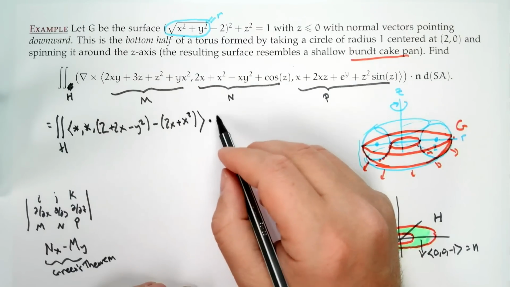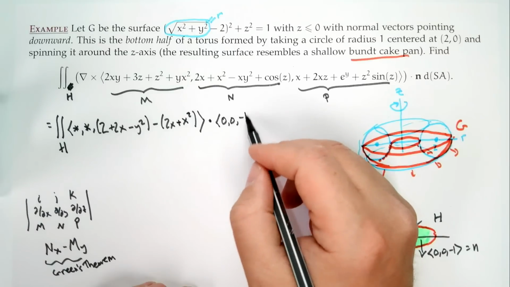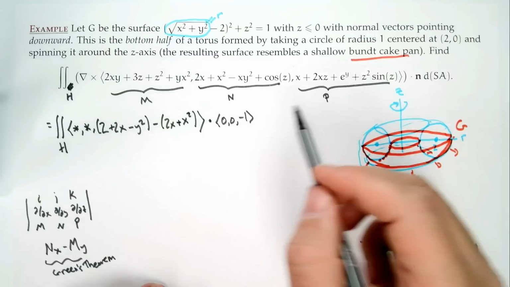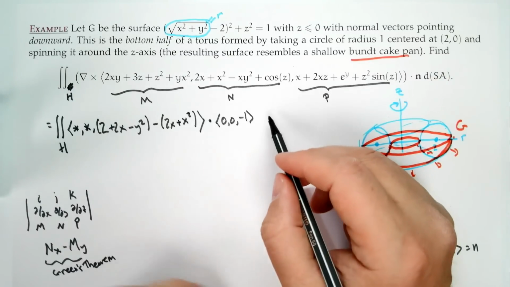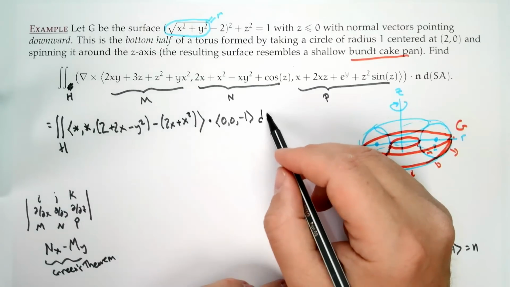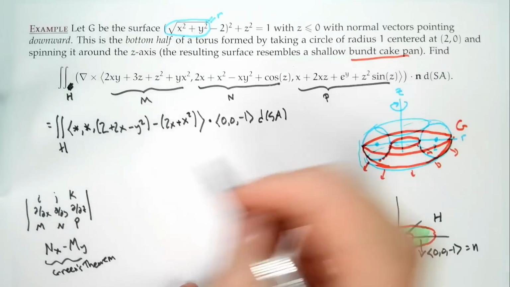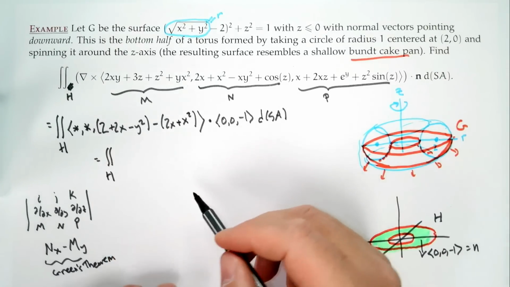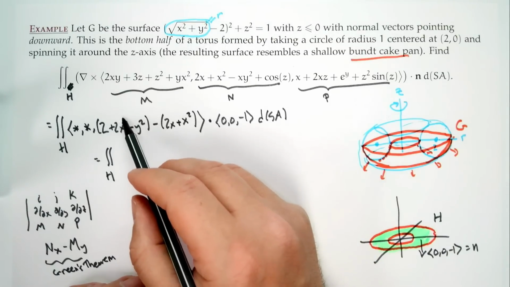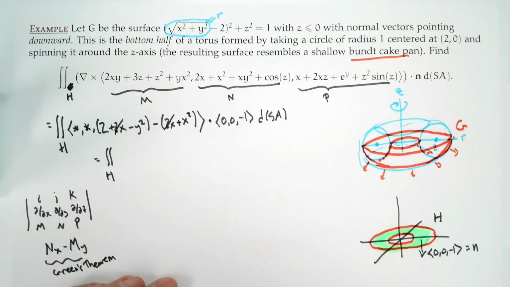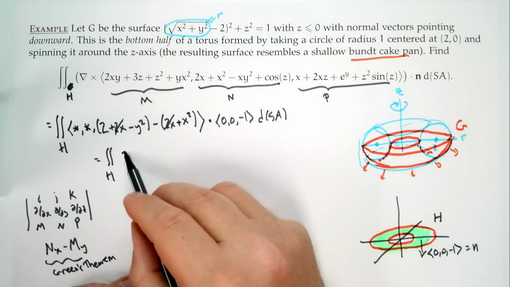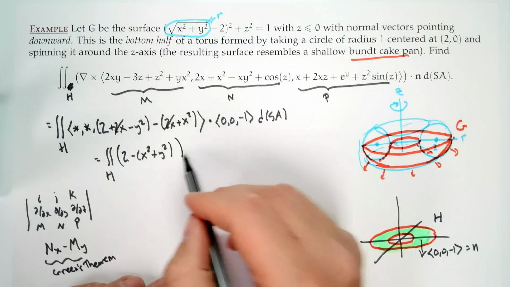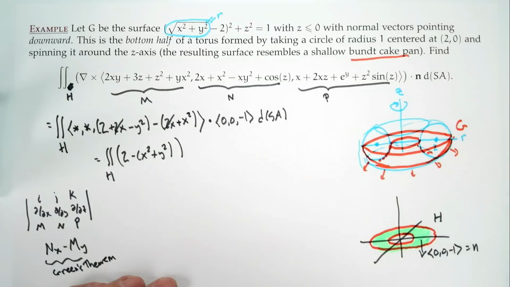Okay, dot our normal, 0, 0, negative 1. Again, we can only get away with this because we know these are going to be 0. If they weren't 0, we'd have to do the work. All right, dS. This becomes the integral over H, and if we simplify, first off, notice the 2x's cancel, and we have 2 minus x squared plus y squared, and then all of that is being multiplied by negative.